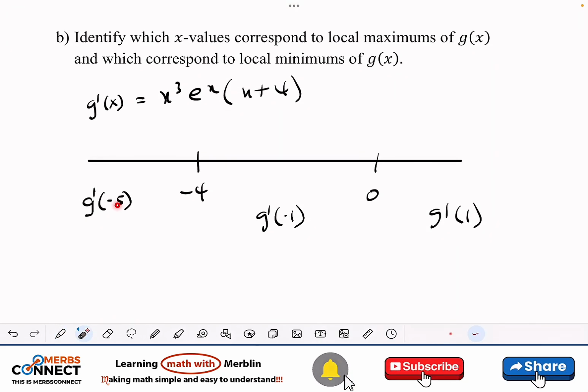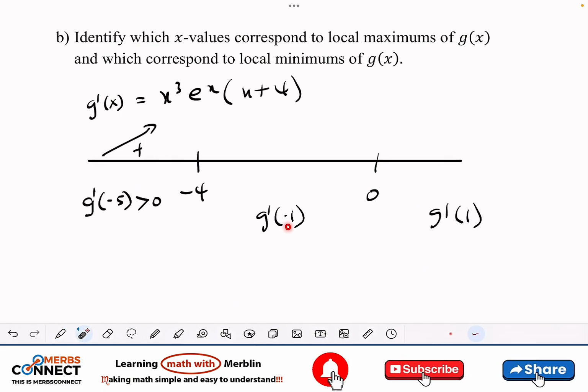So let's plug in -5. When we're doing that, don't think about this, just think about this guy and this guy. Now, when I plug in minus 5 in this, since this one is odd, it is going to be negative. You can use a calculator to check. When I plug in -5 plus 4, this one too will be negative. Negative times negative will be positive. So this is greater than 0, and we have positive, and we can see an increase.